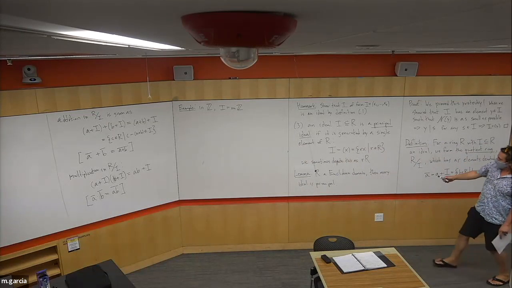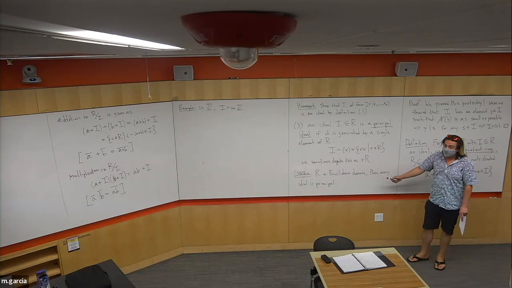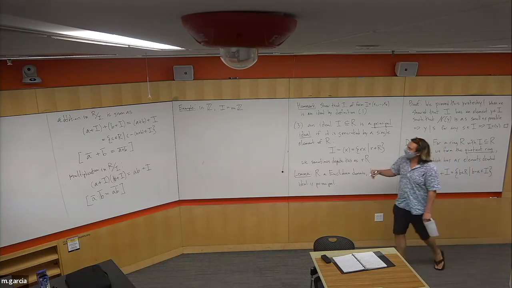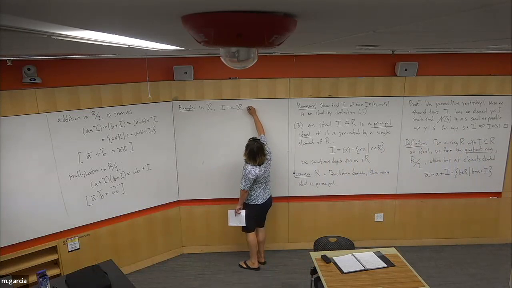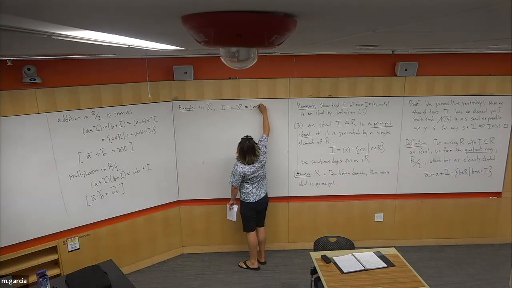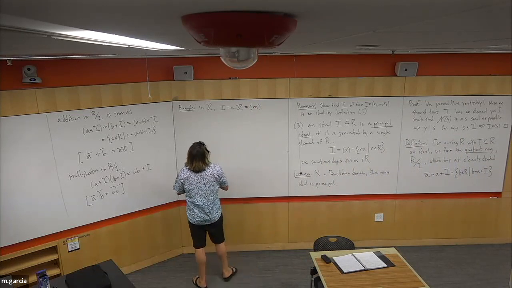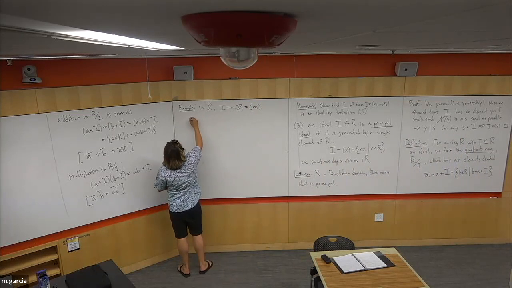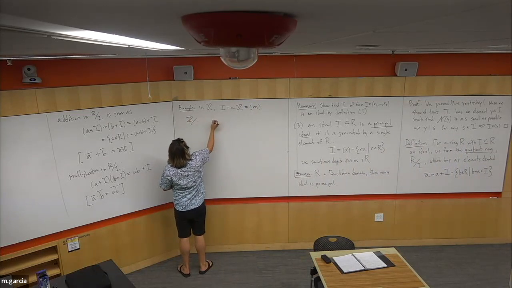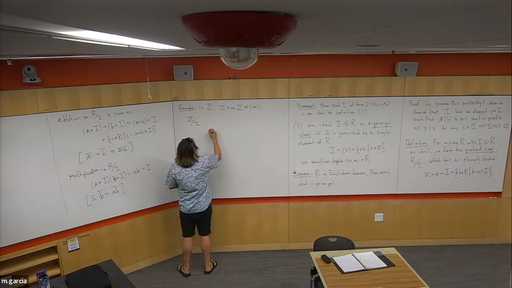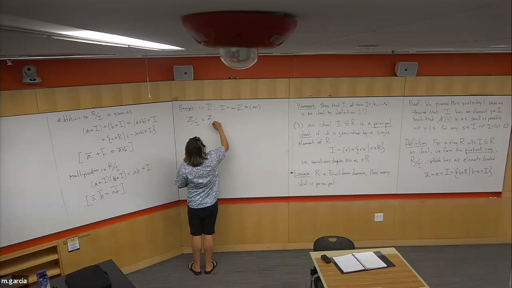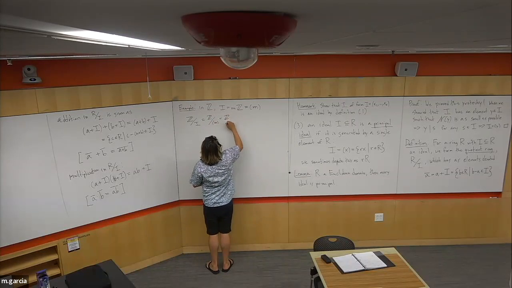We know that Z is a Euclidean domain, so every ideal has to be a principal ideal, meaning it's generated by exactly one element, or in my new notation, parentheses M. So if we look at mod I, or mod M, or in classic notation, mod MZ.